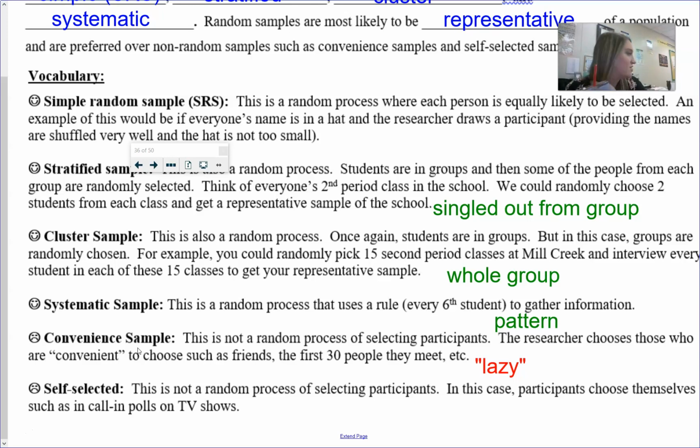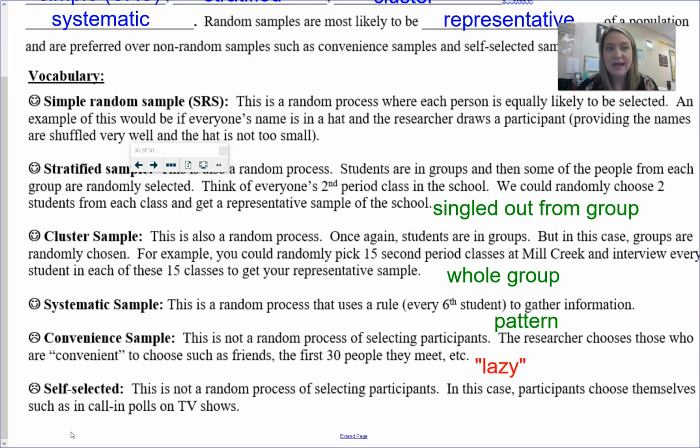Okay, I'm going to survey the people in the cafeteria because that's where I'm going to be in 10 minutes. It's convenient for me for them to just be there. There's no other reasoning for it. Okay, and then there's self-selected. This is not random because participants themselves choose whether or not to take the survey. So they call in, like all the TV shows, American Idol, my favorite, Dancing with the Stars.